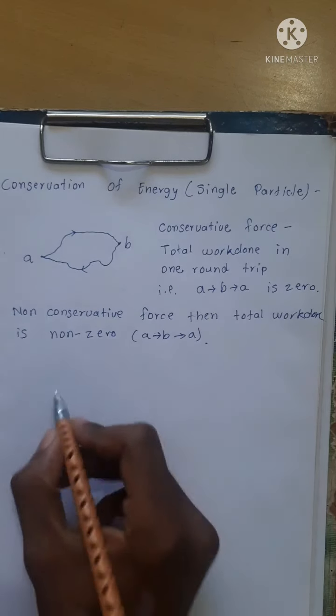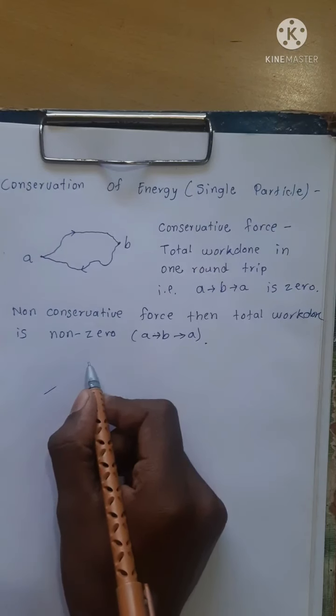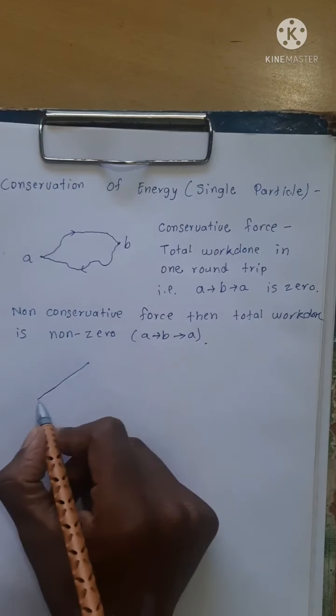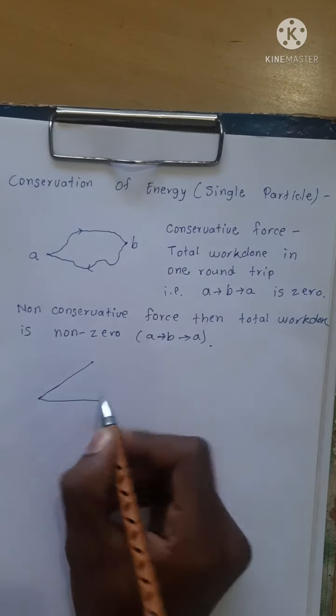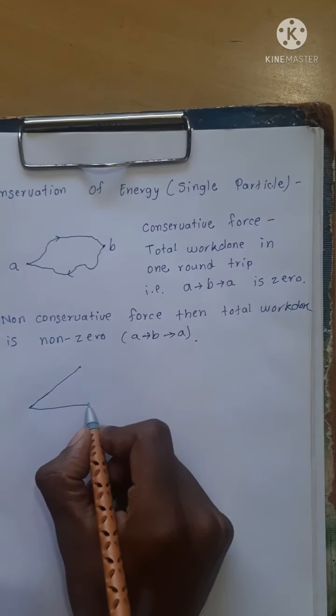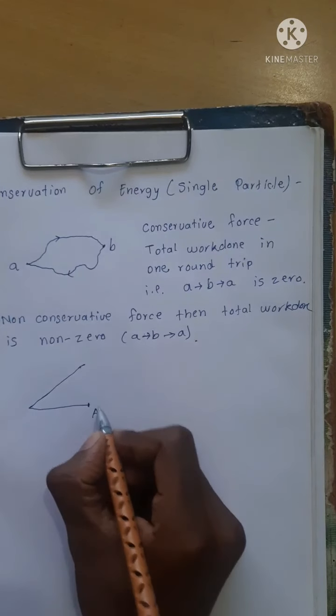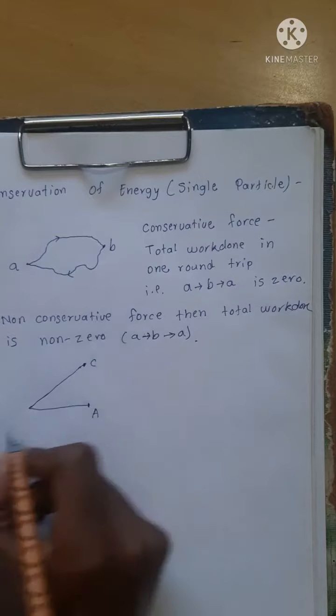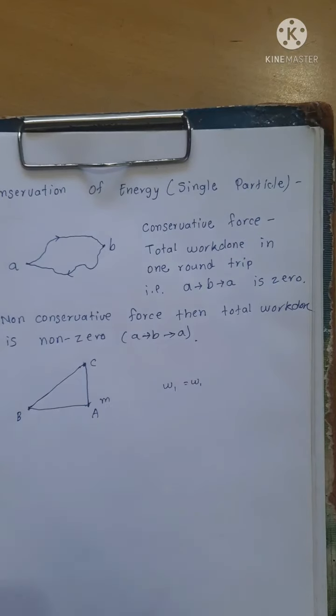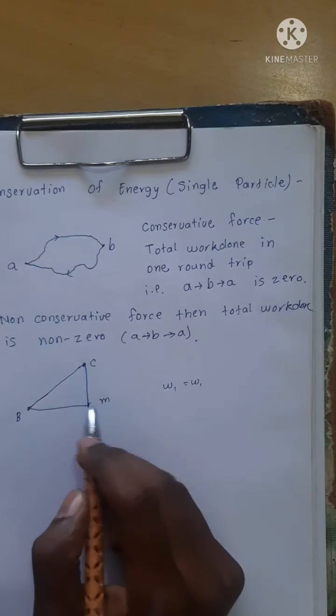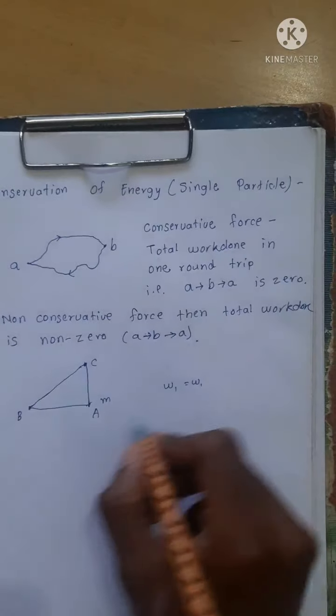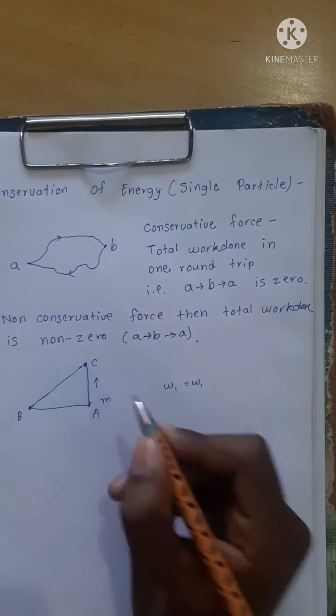Let's take another example of a conservative force, gravitation. Consider a particle here at position A. Consider these points C and B. Consider a mass M at point A, point B and point C. Now let's say this is one path we are going to follow.